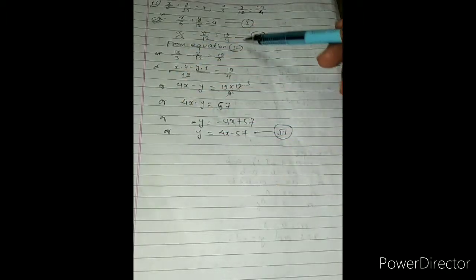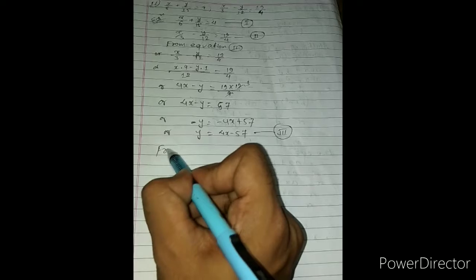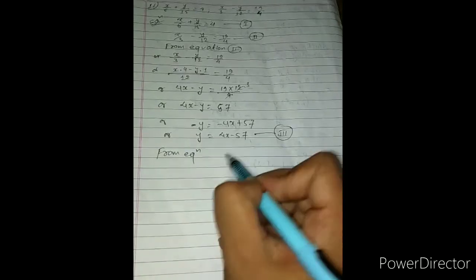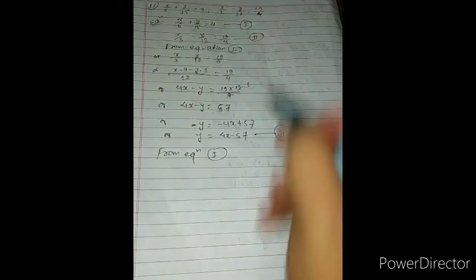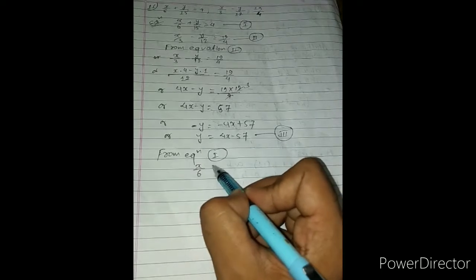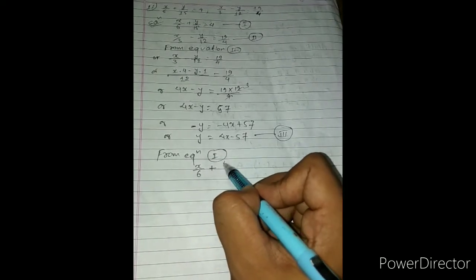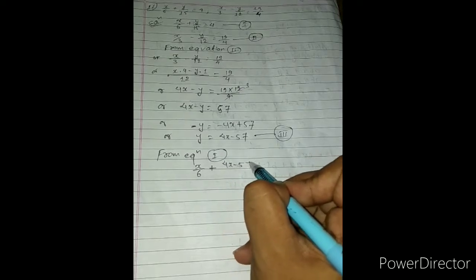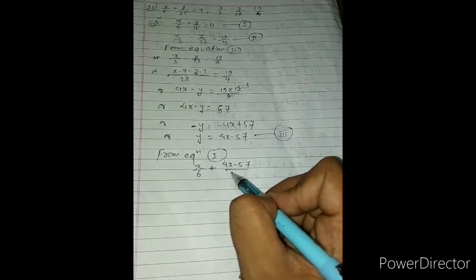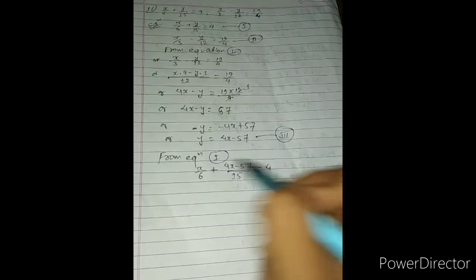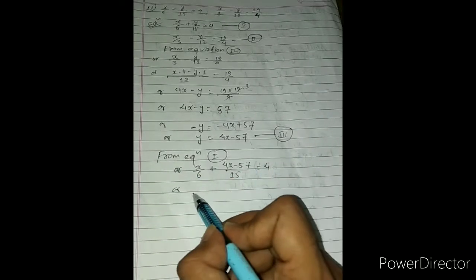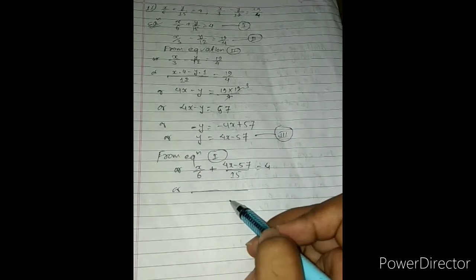Equation 3. Now we have got this from equation 2. So we put this value in equation 1. From equation 1, x by 6 plus, in the place of y we can write 4x minus 57 divided by 15 equals 4. Now what is the LCM of 6 and 15?